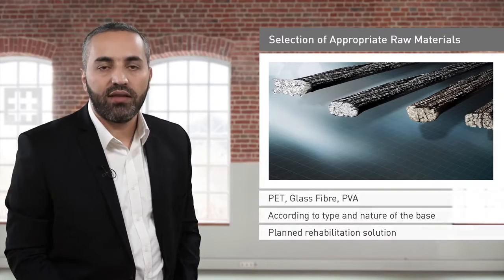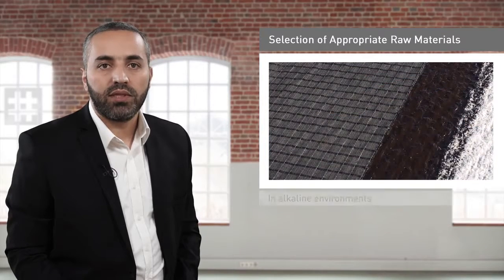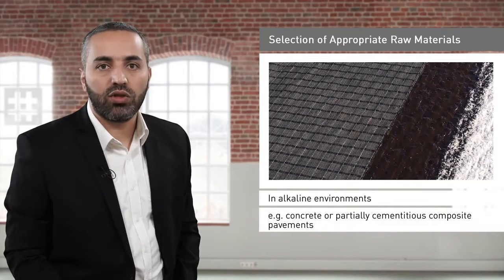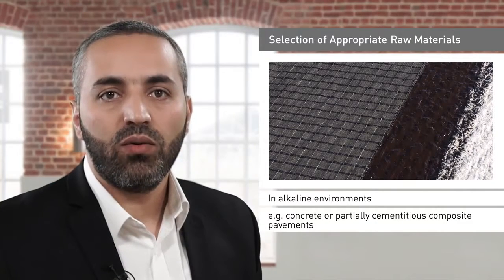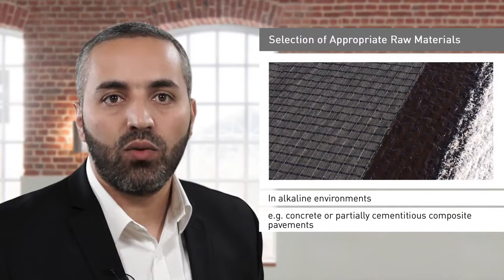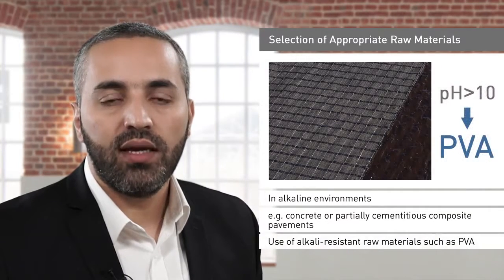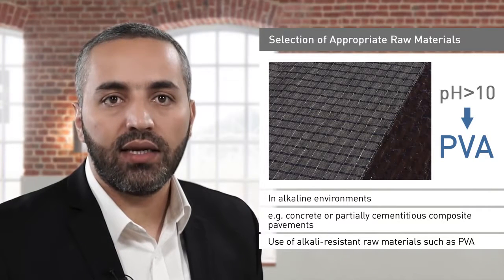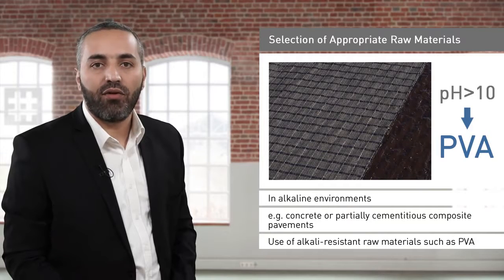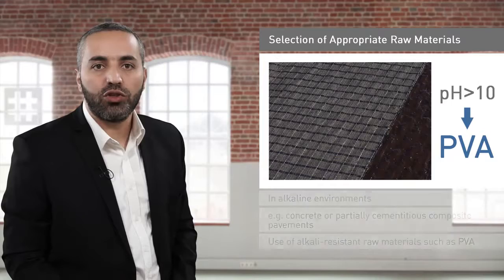Particularly for applications in alkaline environments, specification of the correct raw material is essential. The rehabilitation of concrete or partially cementitious composite pavements with a high pH value necessitates the use of alkali-resistant raw materials such as PVA. Apart from the choice of raw material, various other product-specific properties are crucial to optimizing performance.